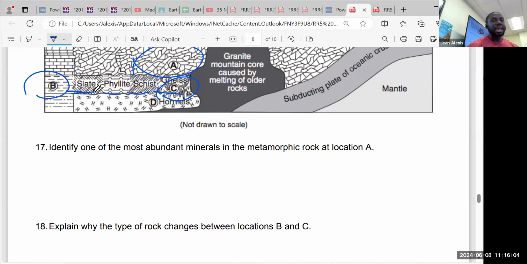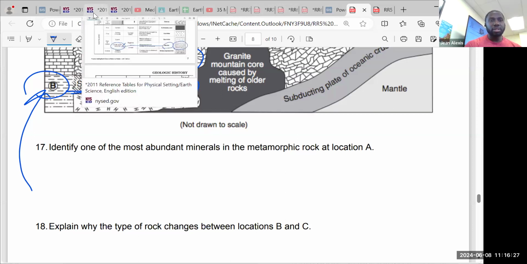Well, these rocks, slate, phyllite, schist, and gneiss, where do we see those? Yep, they're all metamorphic rocks. And what rock is B? Not siltstone. Let's look at the map symbol. Shale.